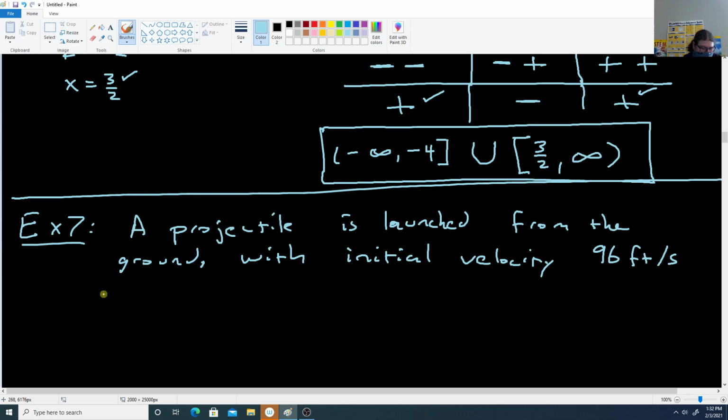And we'll say, when will the projectile be greater than 80 feet above the ground?